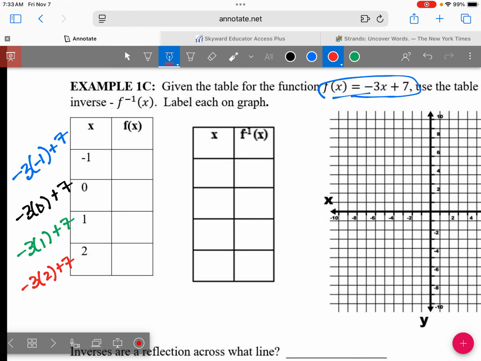So go ahead and get your 4 y values. So what I did was I substituted the x values into the function. And this is the function. The function says -3x plus 7. So go ahead and get your 4 y values.